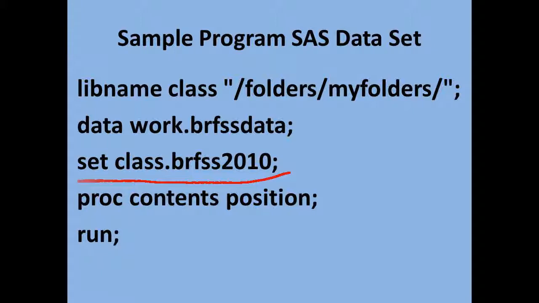Class is the libname, the short for folders/my folders, .brfss2010. Now, BRFSS 2010 is the name of the SAS data set that I have on my computer in the My Folders file. You should be able to see it to the left in the list of folders when you're working in SAS Studio.